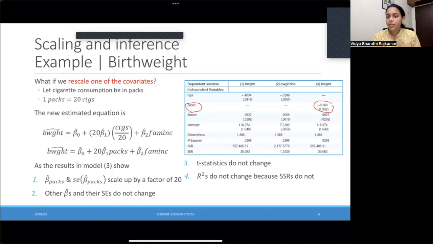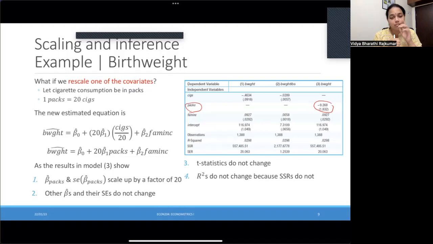So if we were to rescale that variable, a pack of cigarettes has 20 cigarettes. So if we were to go from measuring cigarettes in terms of individual units to cigarettes in terms of packs, we have to just divide that regressor by 20. So my x variable is now going to be scaled down by a factor of 20. I'm going to multiply every x by 1 over 20.